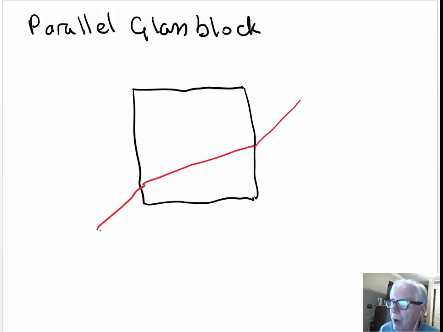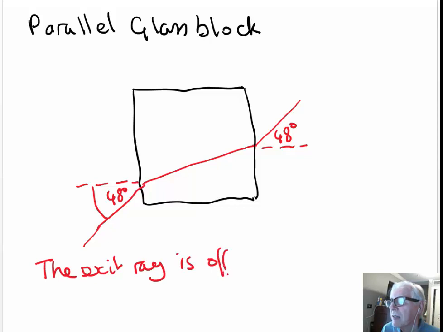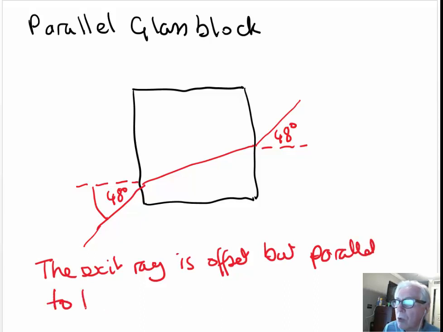Make those rays look parallel. And what we got was 48 degrees, 48 degrees. You know, use a ruler for it, but you know, the exit ray is offset but parallel to the incident ray.